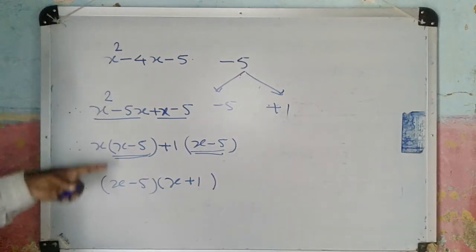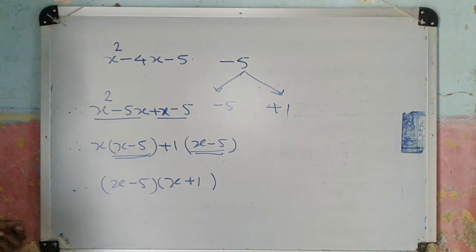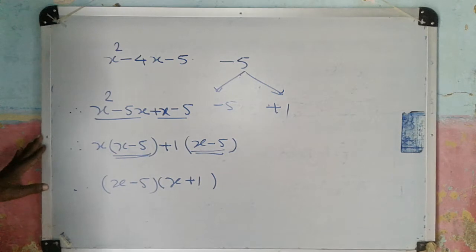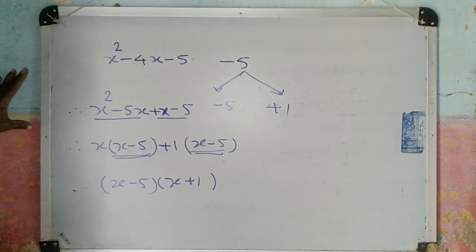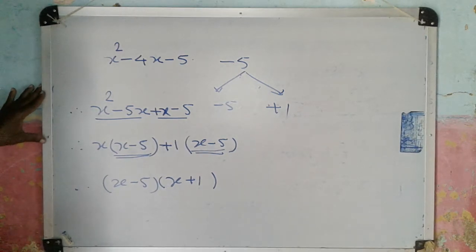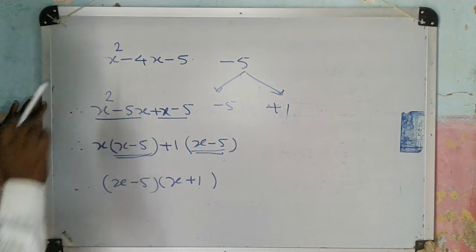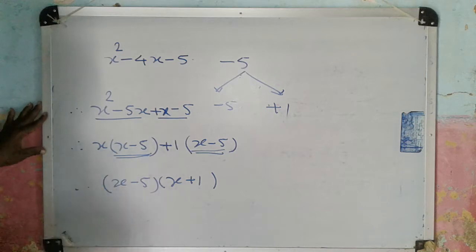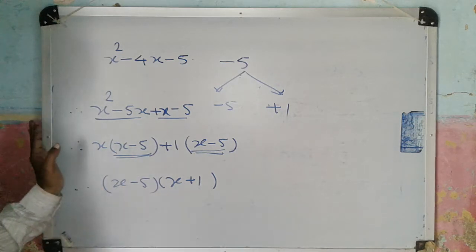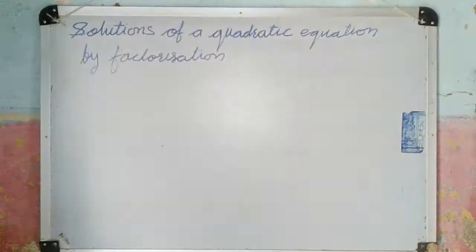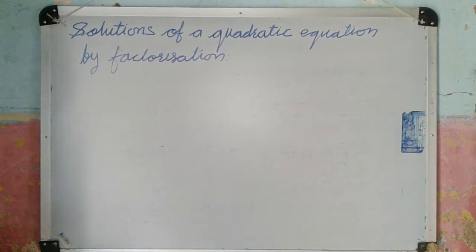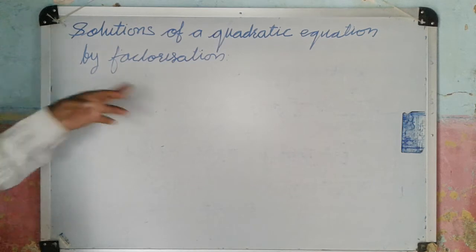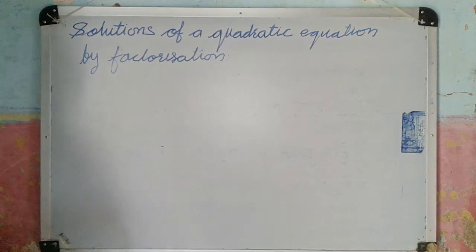So these are the factors of this quadratic polynomial. Now, solving the quadratic equation by the factorization method, we use this method to find the factors. Now we learn how to find the solutions of a quadratic equation by factorization.